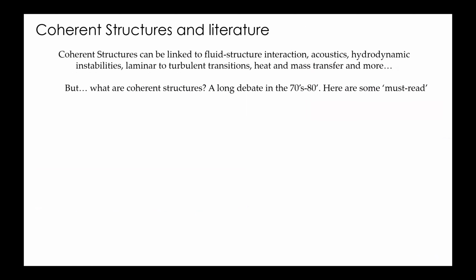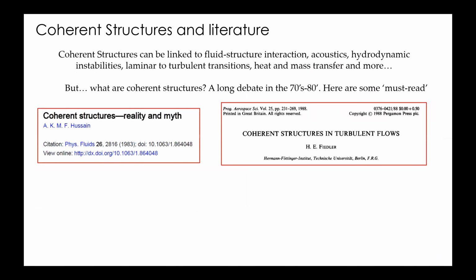So this is the lecture. Somehow it's coming from a very long debate, which I think up to today is not entirely settled, on what coherent structures are. And here I'm listing some of my favorite references from the time when these ideas started to come. This one is particularly provocative and interesting: coherent structures, reality and myth.